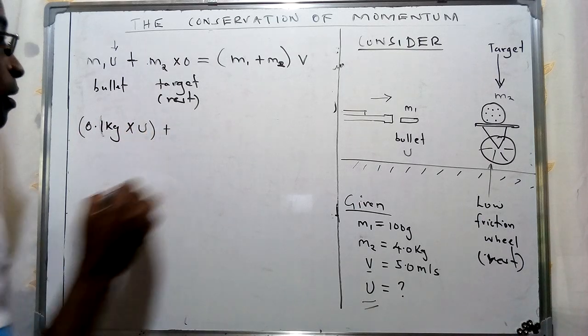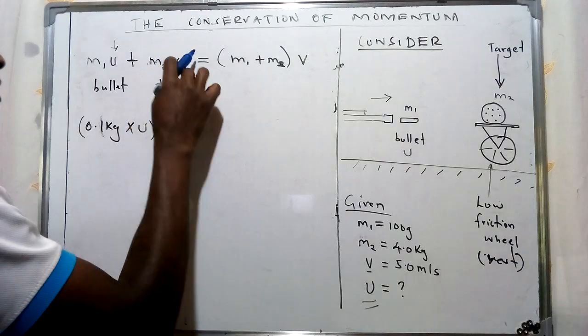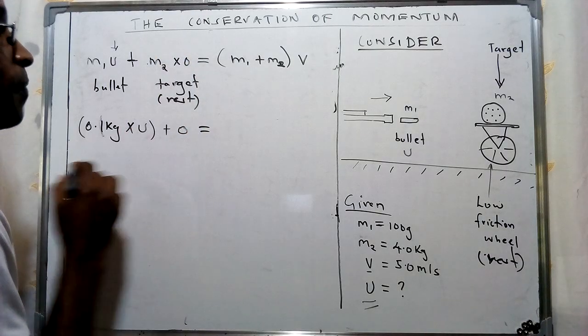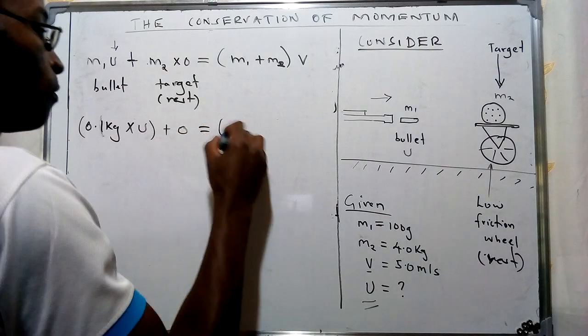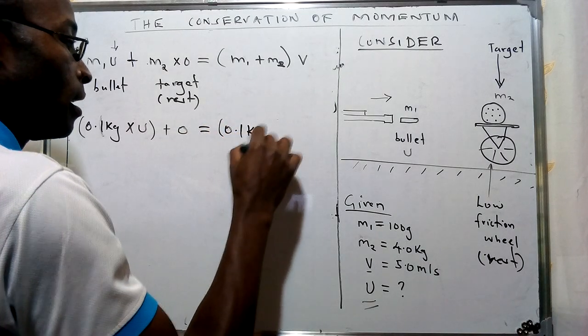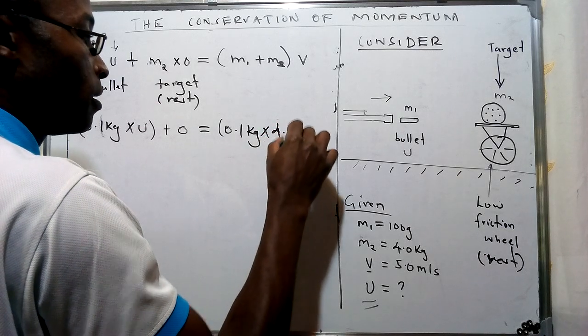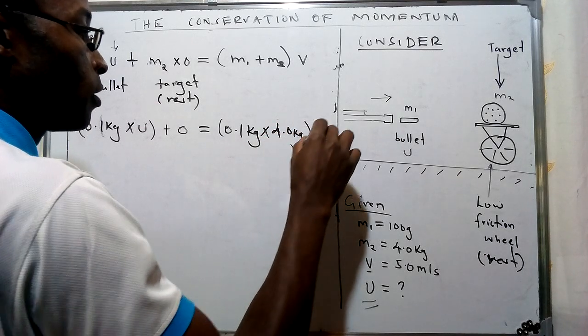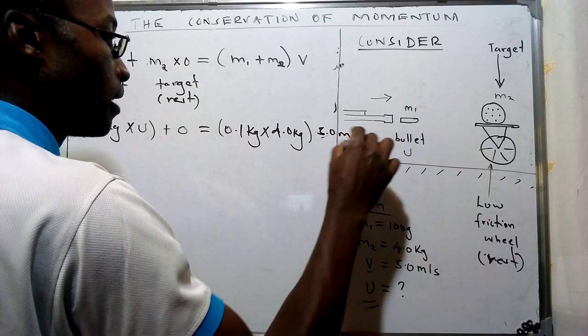And this is going to be a sum with the product of the mass and the velocity of the target, which is 0. In this case, the other side gives us the sum of the mass of the bullet and the mass of this target, which is 4 kilograms, times the velocity, which is 5.0 meters per second.